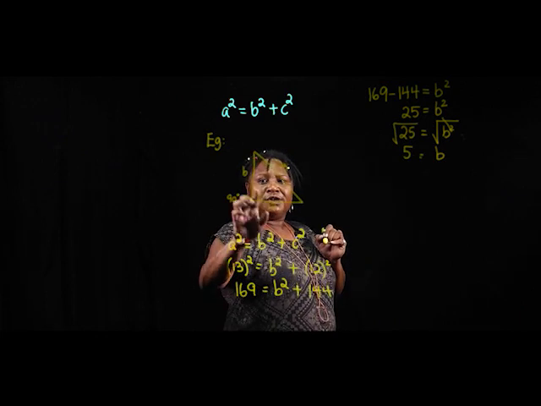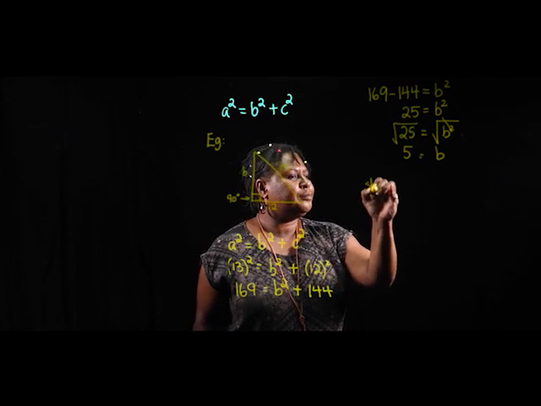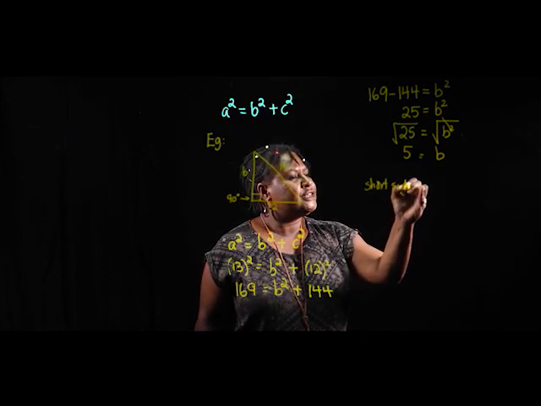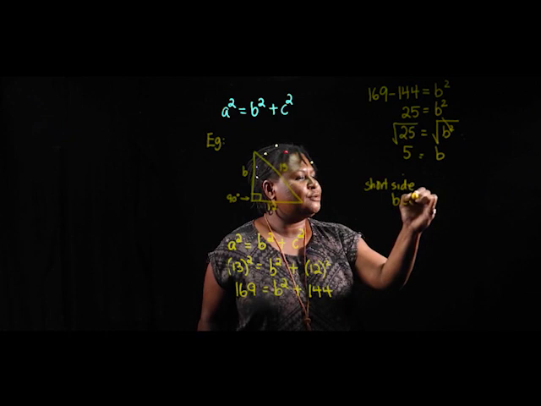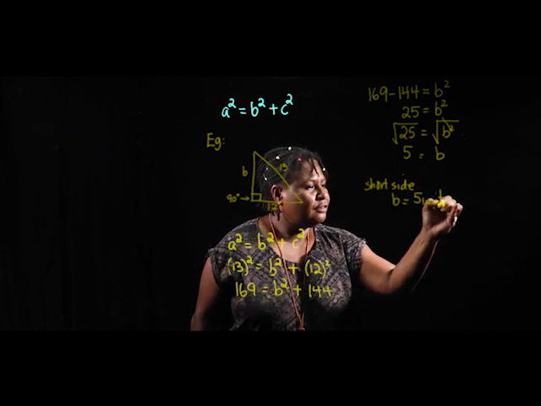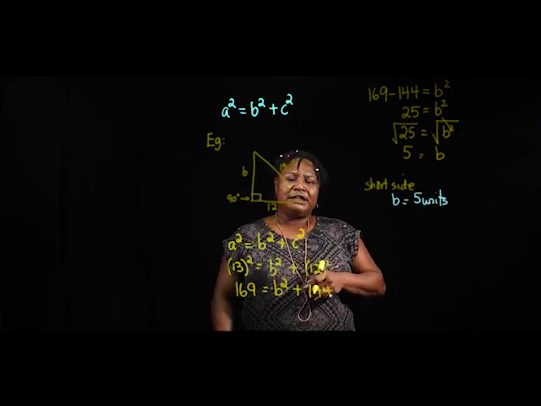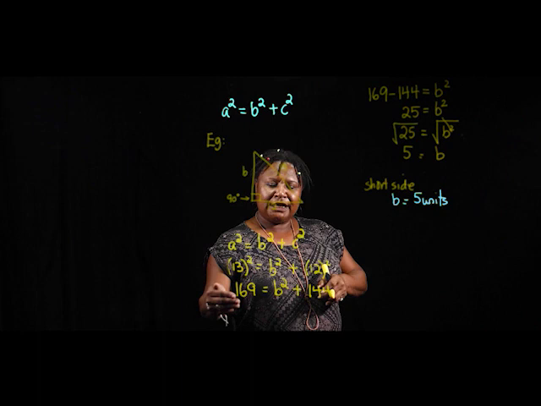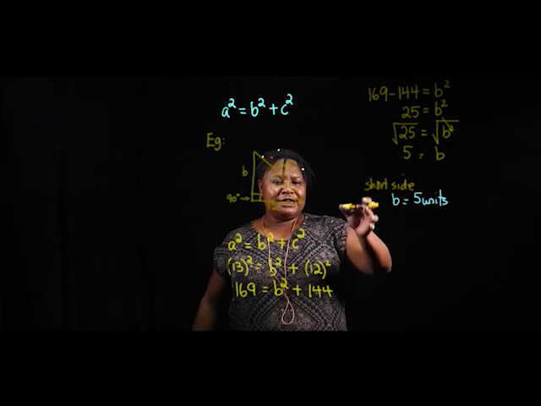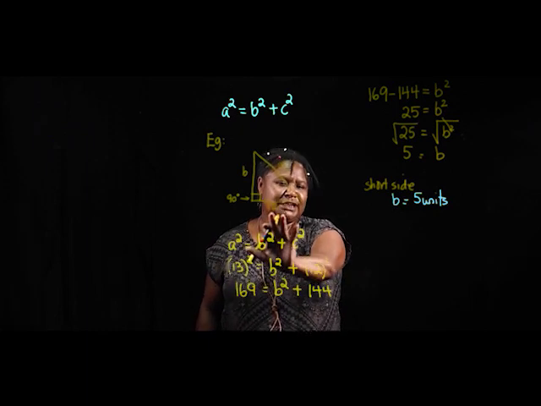So the length of this short side, short side b, is equal to 5 units. So this is how we use the formula to find the length of the short side, given the hypotenuse is known and the other short side is known.